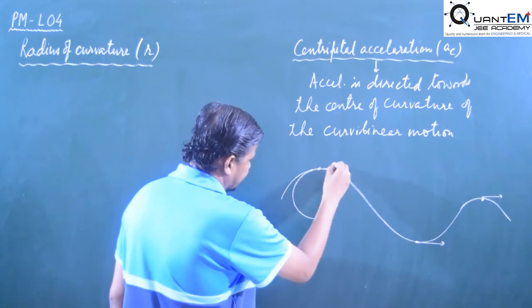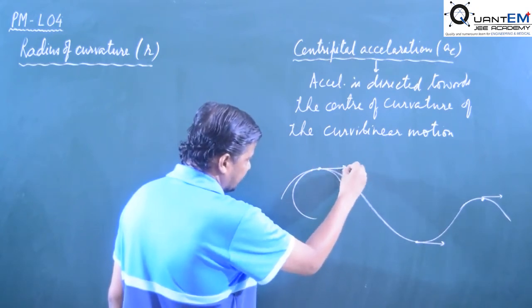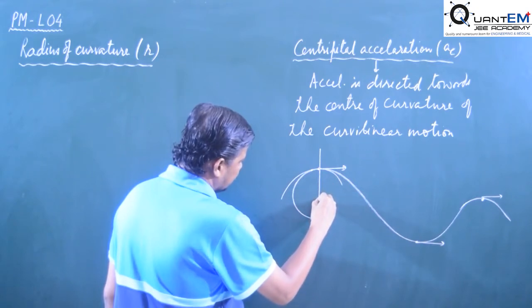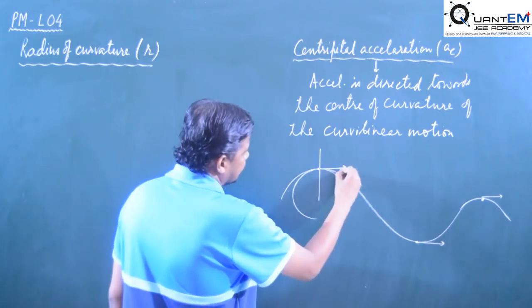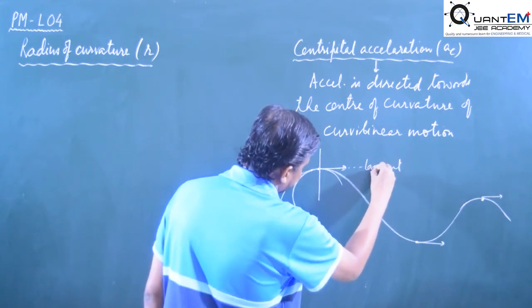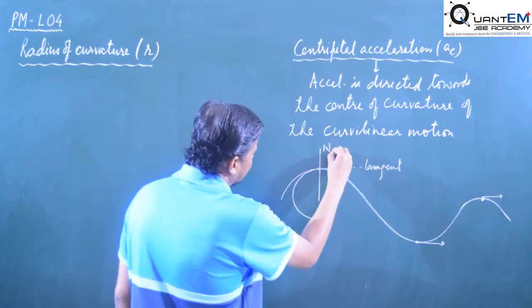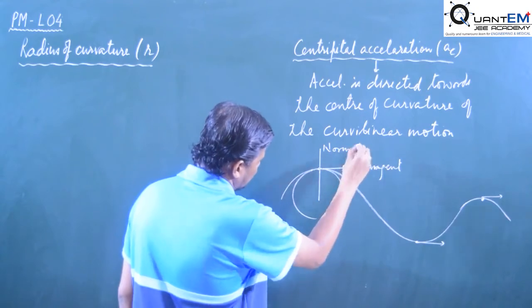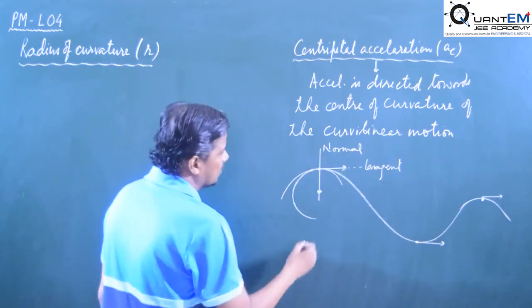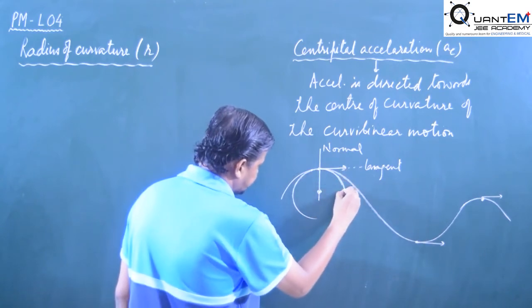We have to draw a tangent, along which we take the motion, and the center is always directed along the normal. This line is the tangent, and the line perpendicular to the tangent is called the normal. So the center of the curve is always on the normal.